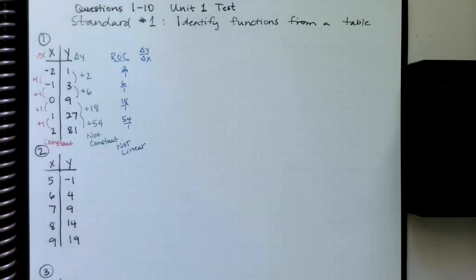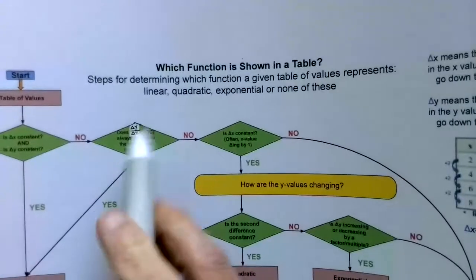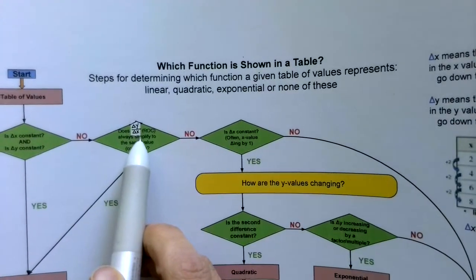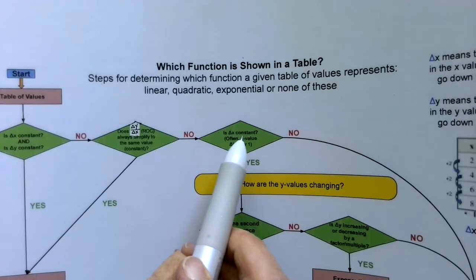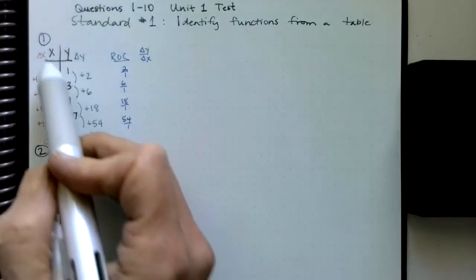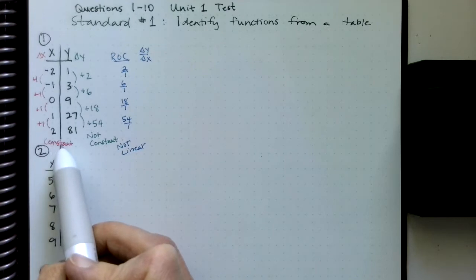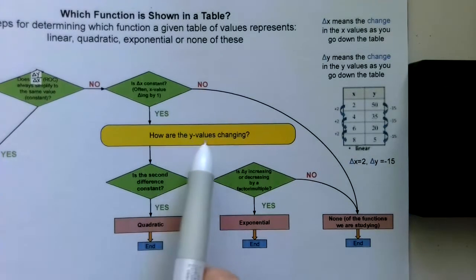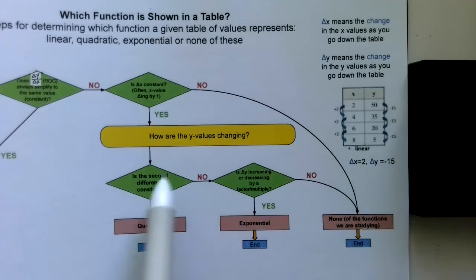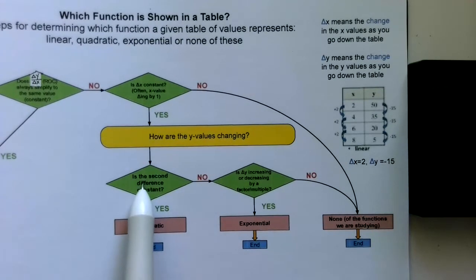So I know that this is not a linear function. What does that tell me to do in my table? If the rate of change is not constant, then I keep going. Is the change in x constant? And when I look here, those are all ones, that is constant. So now we're going to think, how are the y values changing? The first thing, if we follow our arrow, says, is the second difference constant?